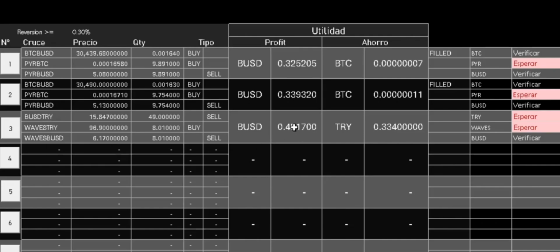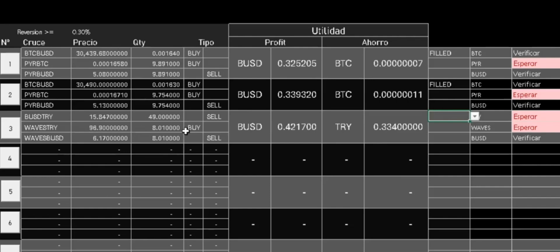You have to wait for the first order that appears here, a sales order. The system takes it, and then places the second order. This order has already arrived at the Binance system, and all I have to do is wait.